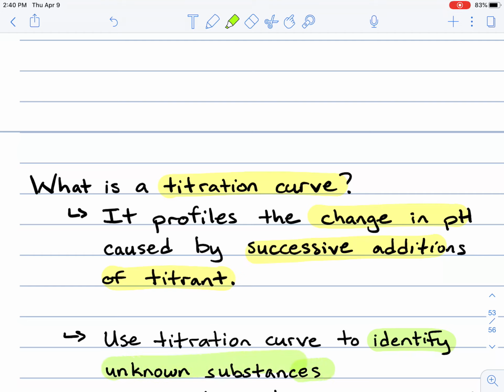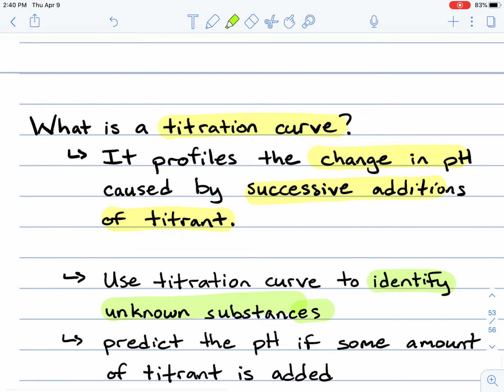For example, if you had a reference of all of the titration curves of known substances, and then somebody gives you in lab a mixture or a sample of an unknown substance, you can titrate it, look at its titration curve, and then compare it to the known titration curves. And if one of those curves matches, then you know the identity of your substance.